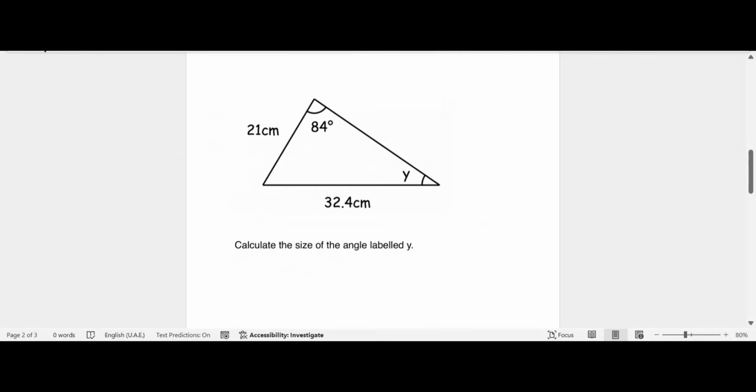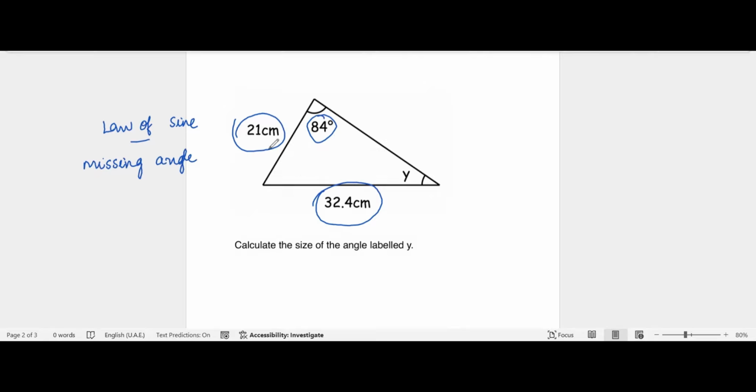Now, when two sides and the angle opposite to any one of the sides are given, so the angle opposite to 32.4 is given, we can use law of sine to find the missing angle.